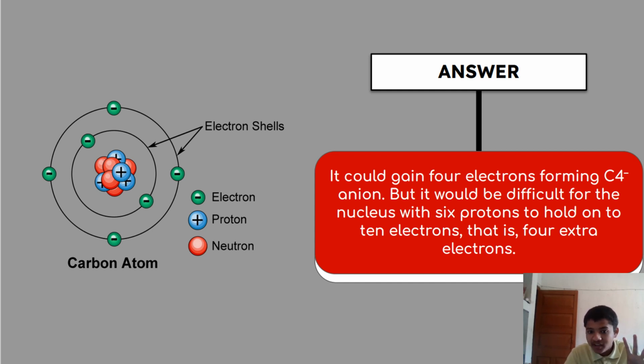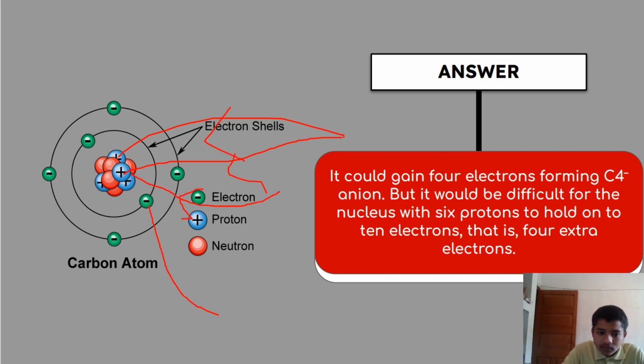But it would be difficult for the nucleus with 6 protons to hold on to 4 extra electrons. Means for sharing electrons only, right? If it gains 4 more electrons, it would be difficult for the nucleus with 6 protons.